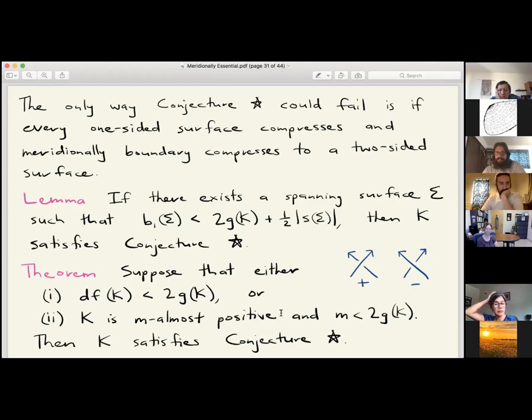M almost positive means you look at some knot diagram, you put an orientation on it, all the crossings are either positive or negative. M almost positive means that all are positive except M of them, which are negative. Okay, and in either of these two cases, the knot is going to bound a meridionally essential one-sided spanning surface.